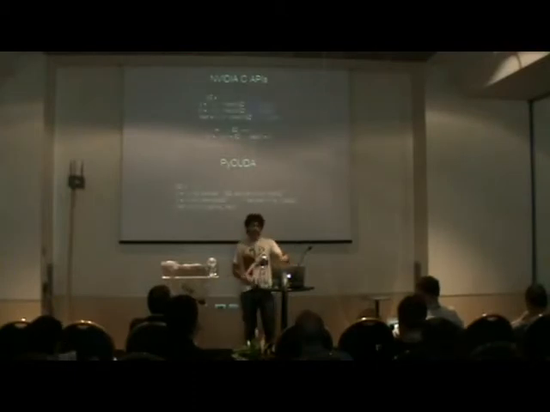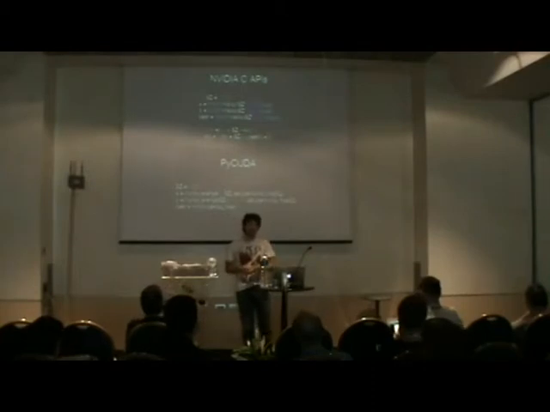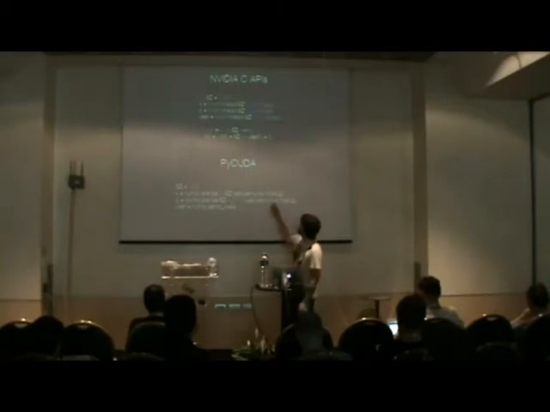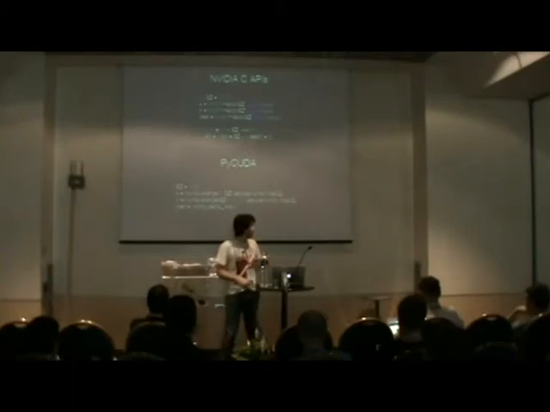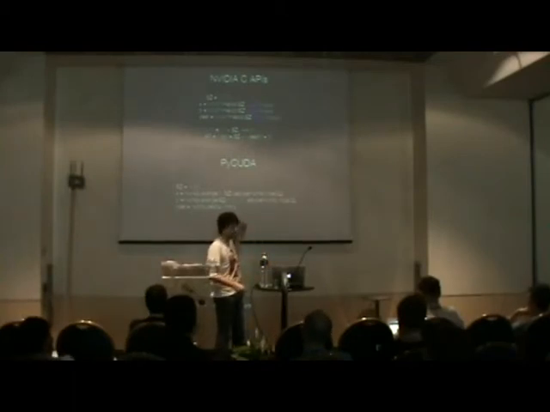In this slide, we are just declaring our arrays. We do a simple malloc in the NVIDIA C API program, and we use NumPy for the PyCUDA program. It's quite simple.